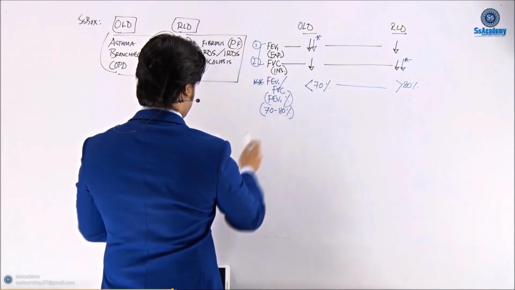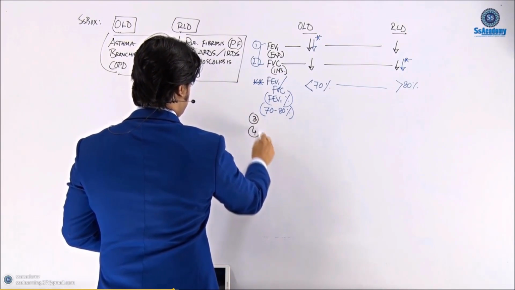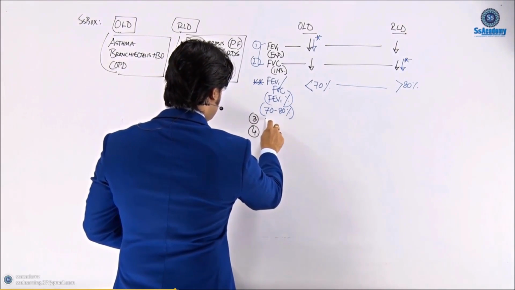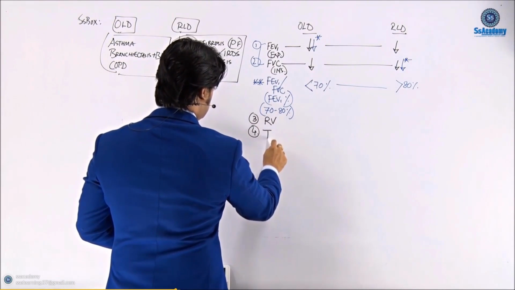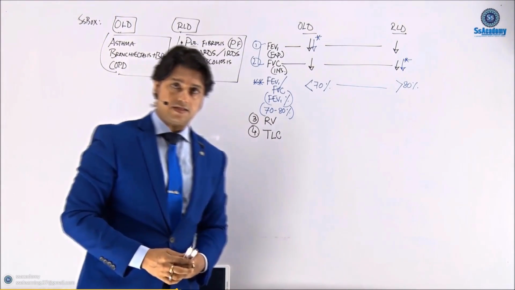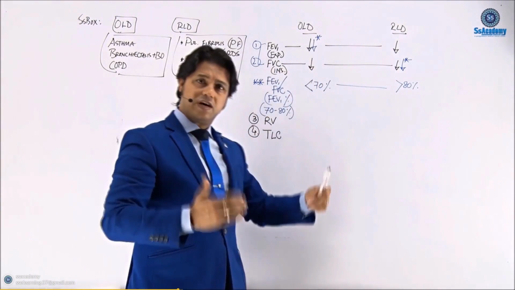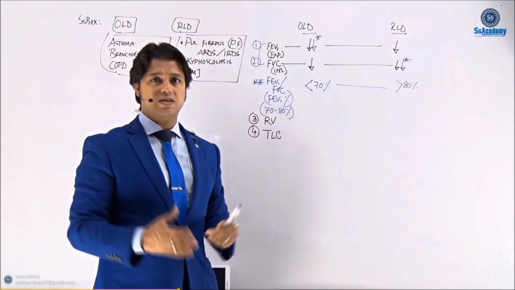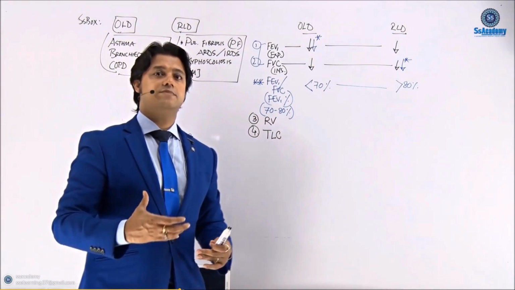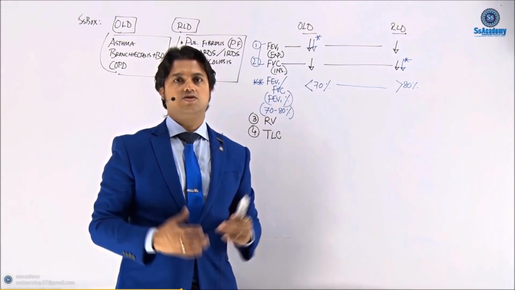Second group of tests, we can write number 3 and number 4. That is the test of the residual volume and total lung capacity. In an obstructive airway disease, because the expiratory function is interrupted more and more, in each and every respiratory cycle we have an amount of air trapped in the lungs, called the residual volume.